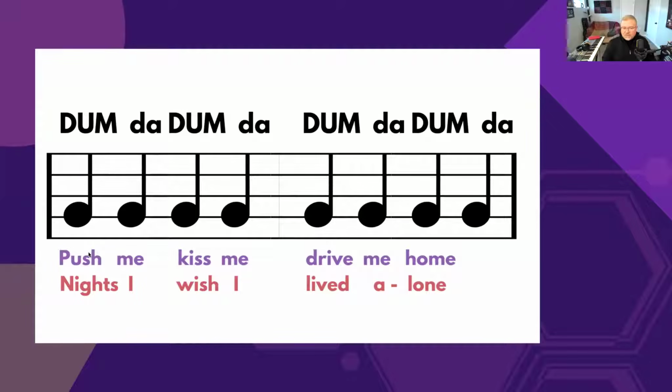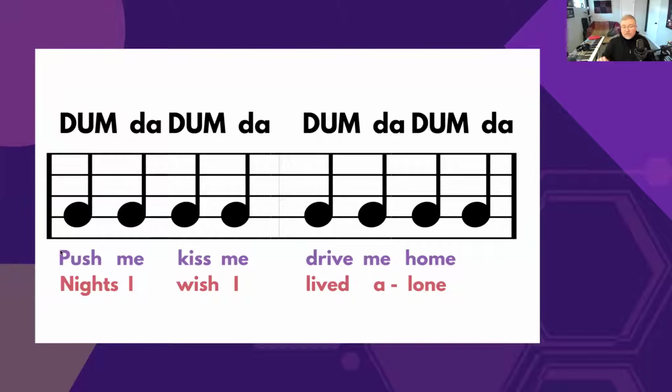Your first line is: push me, kiss me, drive me home. Nights I wish I lived alone. That fits really nicely into 2 measures, so this would be your first measure, second measure. These 2 lines take up 4 bars. Does that make sense? But you could also think of these as 8th notes.